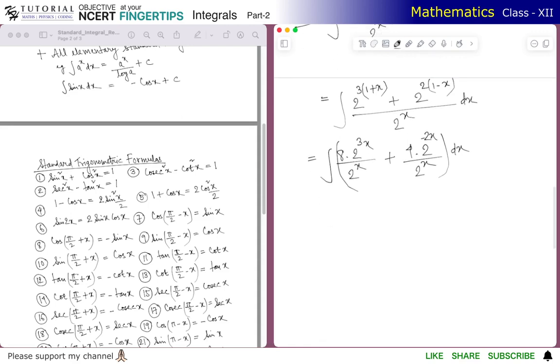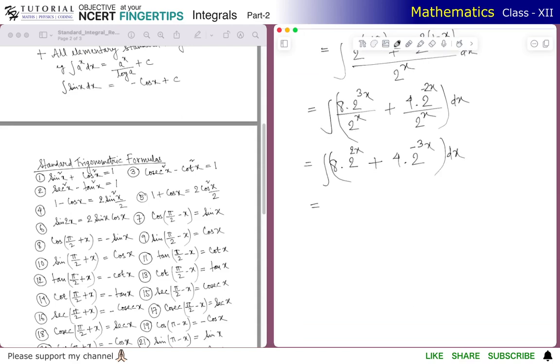Okay, so if we do further simplification, we get 8 into 2 to the power 2x, and this becomes 4 into 2 to the power minus 3x dx plus 4 into 2 to the power minus 3x dx.